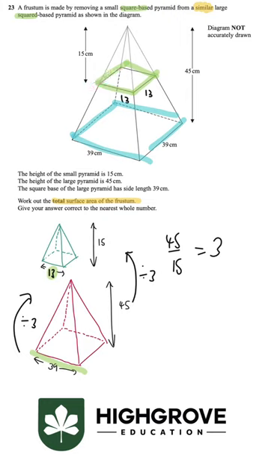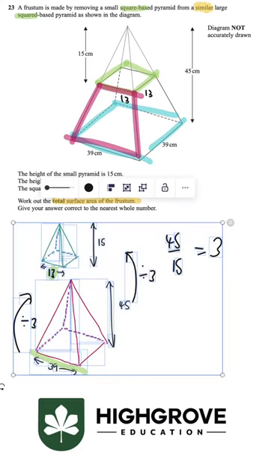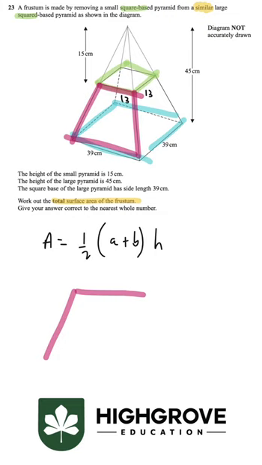So let's just draw out one of them and think about what we would need to know to work out its area. To work out the area of a trapezium like this, we need to use the formula half of a plus b multiplied by h, where, let's think about what a, b and h represent in this trapezium.